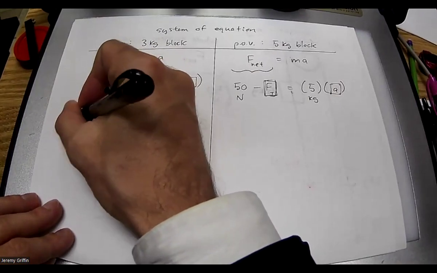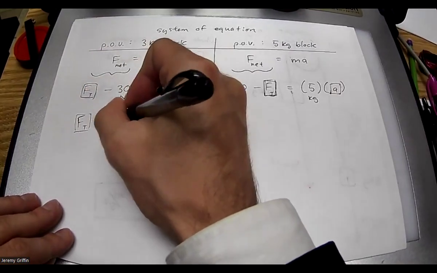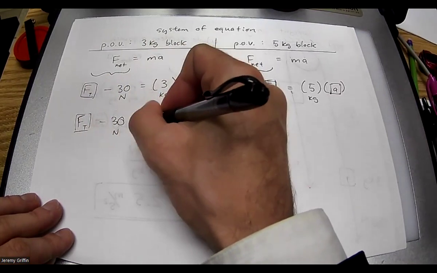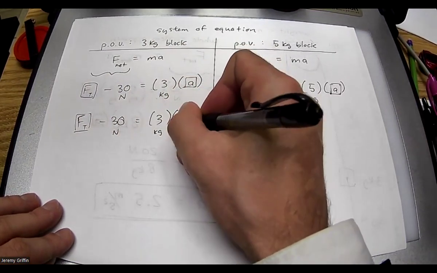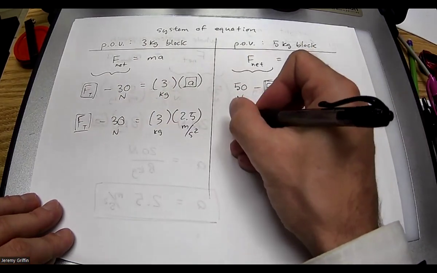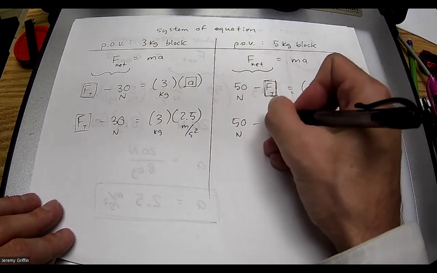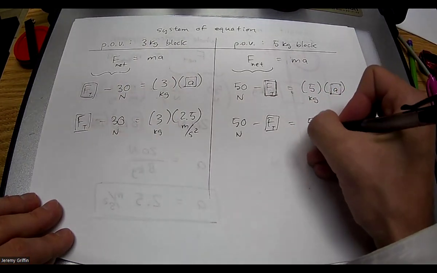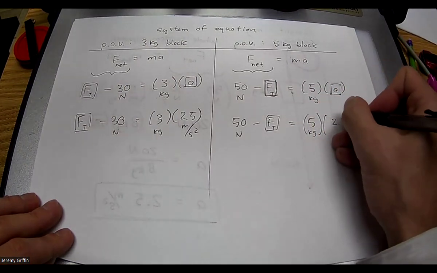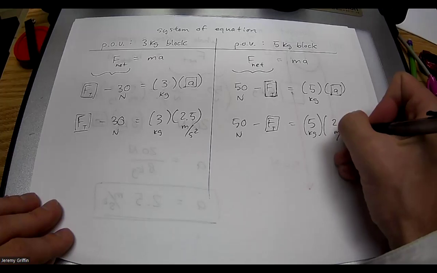So I'm going to pick up from knowing the acceleration. I got 3 kilograms here, times 2.5 meters per second squared. And then over here, 50 newtons minus the tension is 5 kilograms times 2.5 meters per second squared.